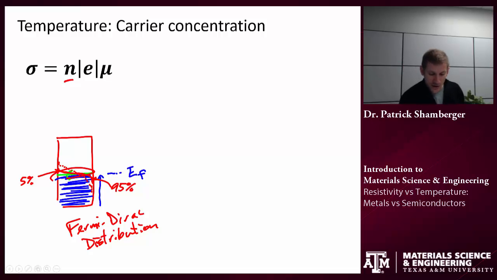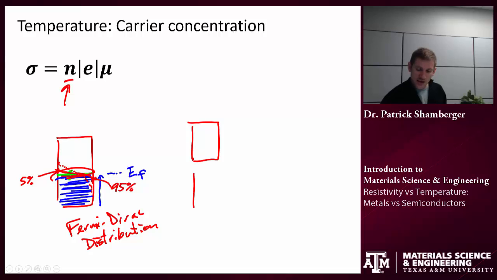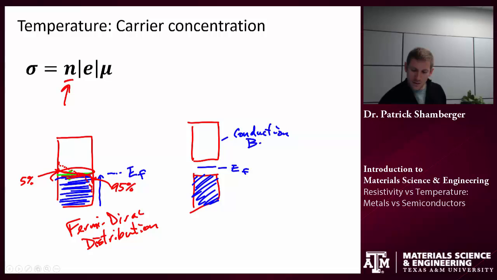Now in metals, this does not actually matter that much, because we already have a large number of carriers at that Fermi level. So if I increase the temperature a little bit, it's not increasing the number of carriers all that much. That's different from the semiconductor case, because in this case, my Fermi level will be somewhere in here. At 0 Kelvin, I would have no electrons excited up to the conduction band from the valence band.